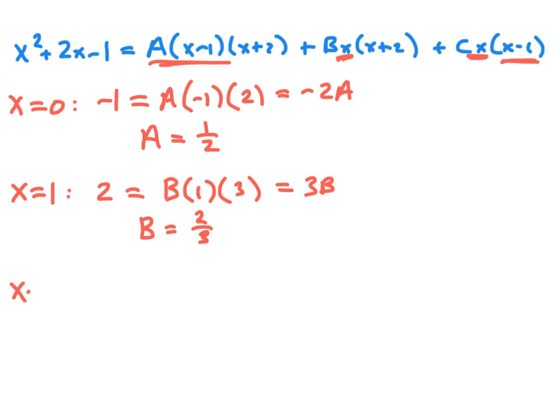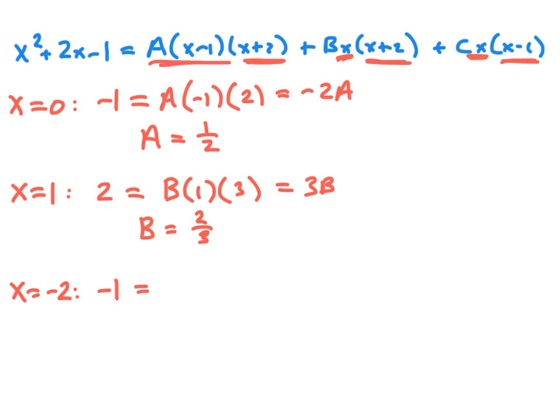And last but not least, we're going to let x equal negative 2. And this will account for the x plus 2 in the a and b term. Those will then vanish, and we'll be left with our c term only. So on the left-hand side, we substitute negative 2 in for x, and we get 4 minus 1, and all that becomes negative 1.